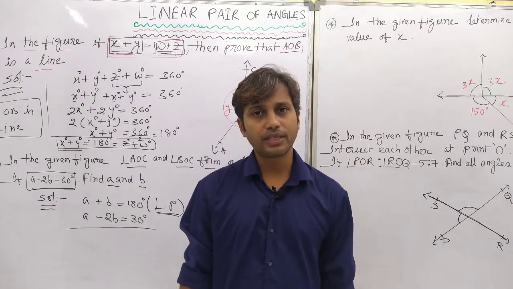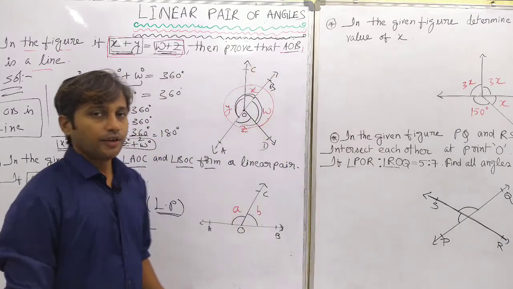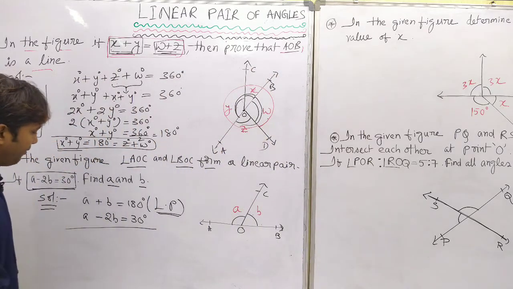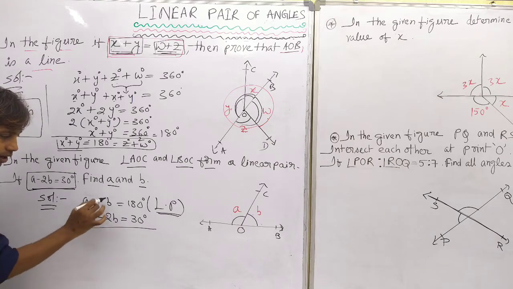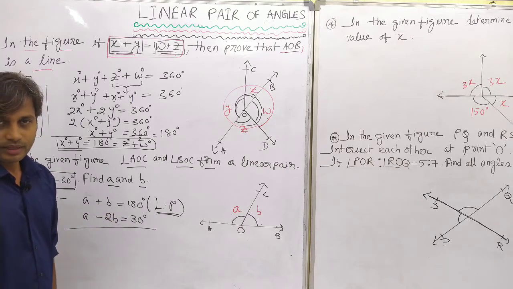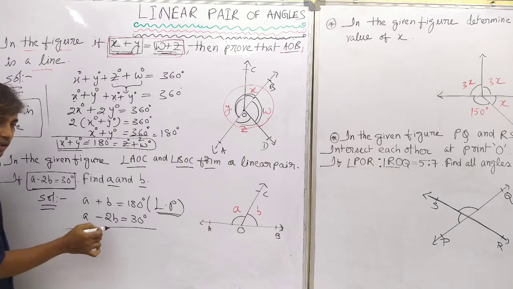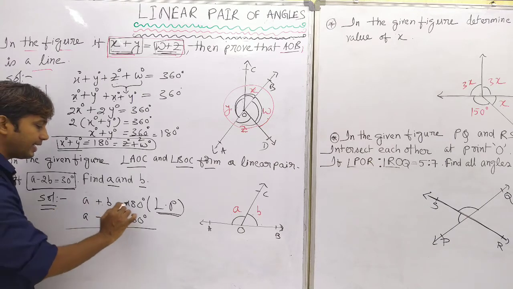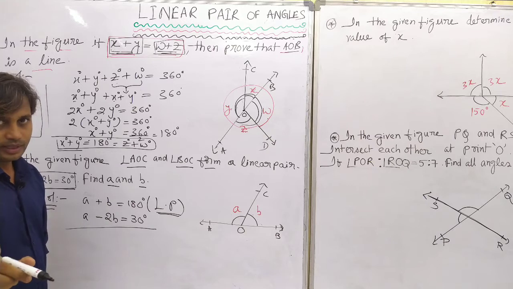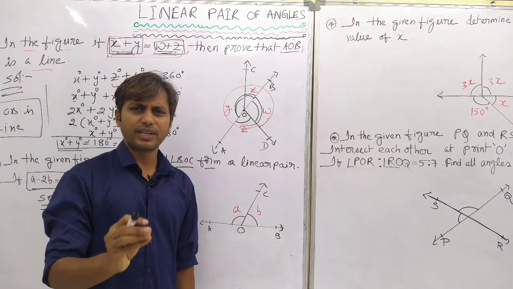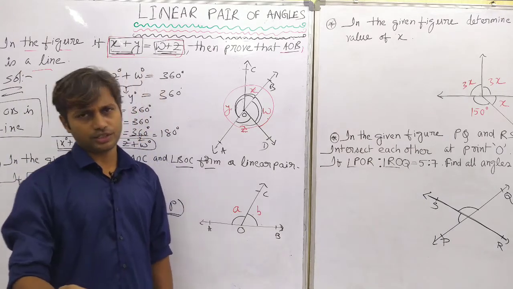Actually, this is a very simple thing to solve. If you want to cancel B, you have to make the coefficients equal, which means multiplying the entire first equation by 2. But that's somewhat difficult, and we don't need to do that much.